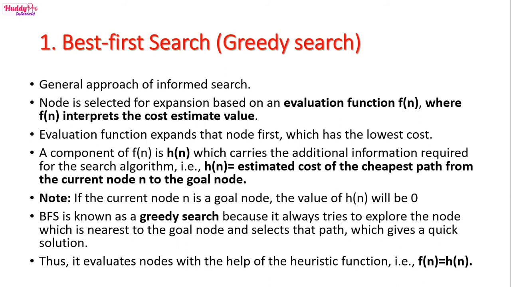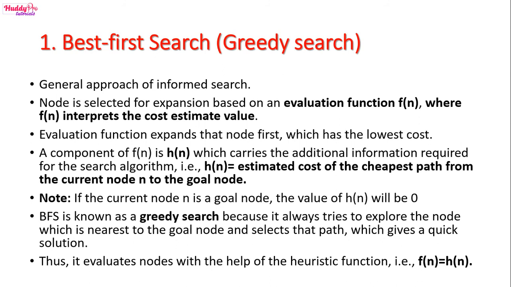Note also that if the current node n is a goal node, the value of the heuristic function h(n) is 0, because if the current node is the goal, the path cost will be 0.